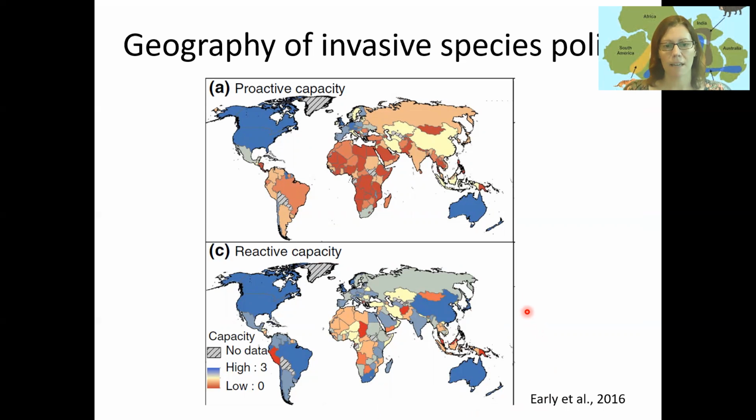But what we were missing in much of the world, and I would argue that this is still true in North America, even in the places that are blue on here, we're still missing a fair bit of proactive capacity, which is basically the idea that you are not going to import a species until you can prove to me that it is unlikely to be invasive, or that we are going to inspect those plants that are coming in for pests and pathogens, or we are going to regulate what types of herptiles or something can be brought in as pets, because we know that that's a high likelihood of becoming invasive.